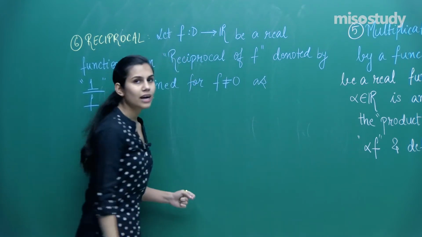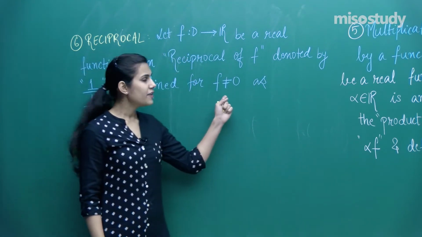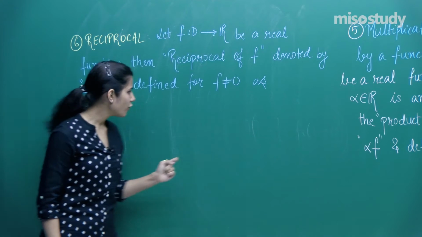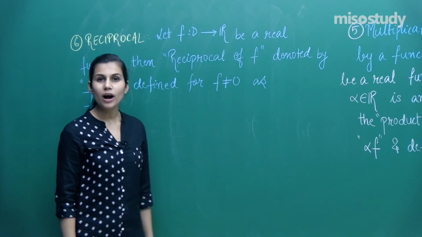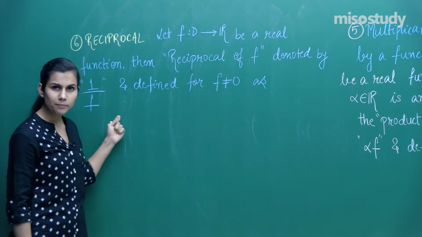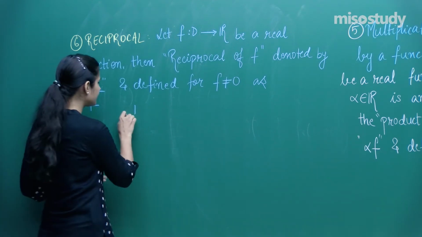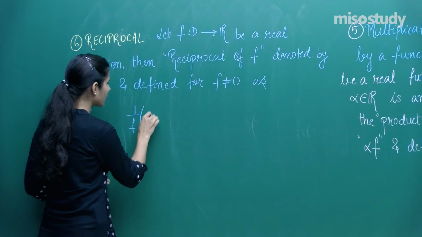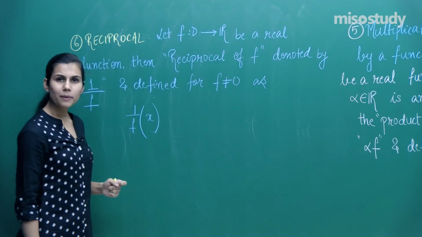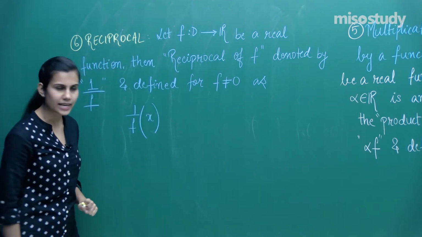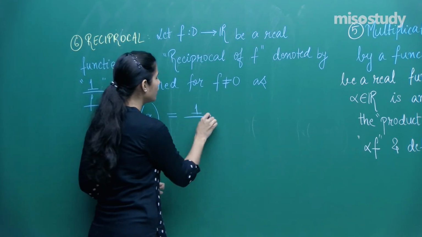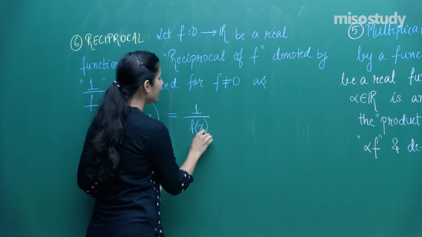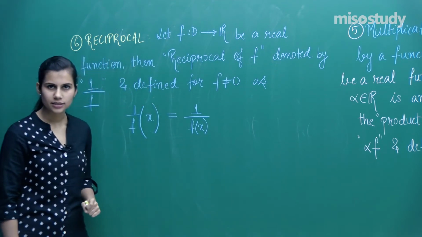As I already told you, f has to be non-zero for 1 by f to occur. And therefore, for f non-zero, I can define my reciprocal 1 by f as: when this 1 by f is applied on the input x, what you get is 1 upon f of x.